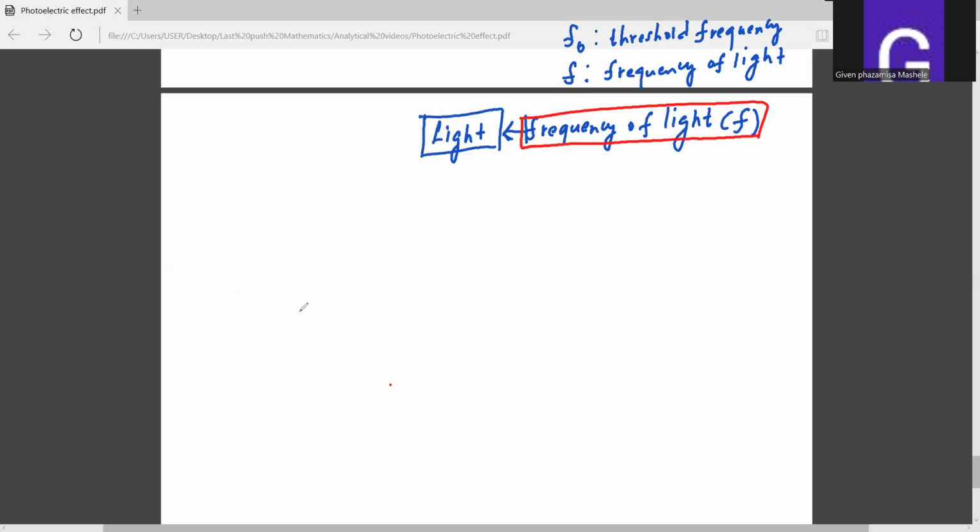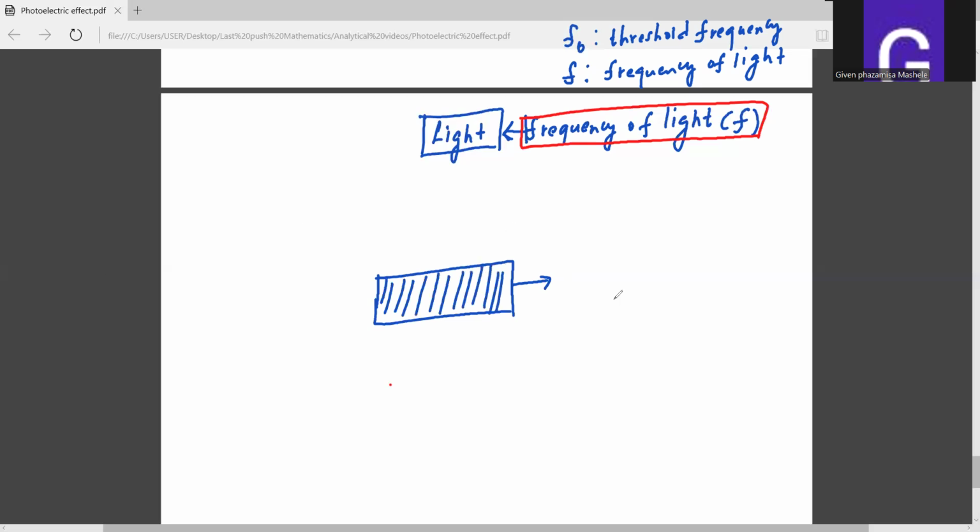Let's assume we have a metal here. Maybe this metal is made of sodium or potassium, depending on the type of metal we're talking about.